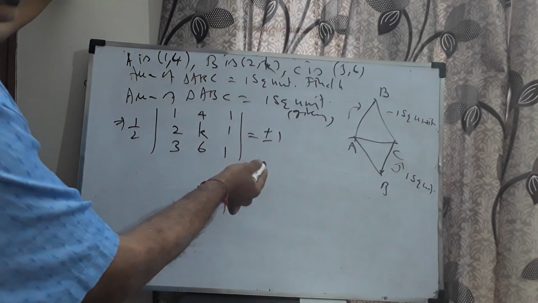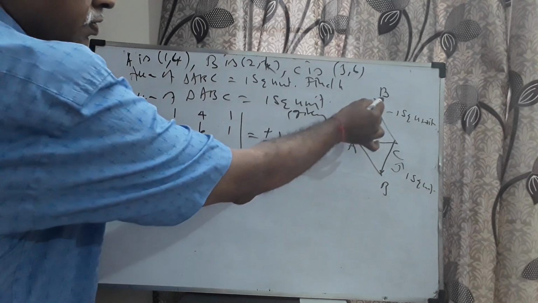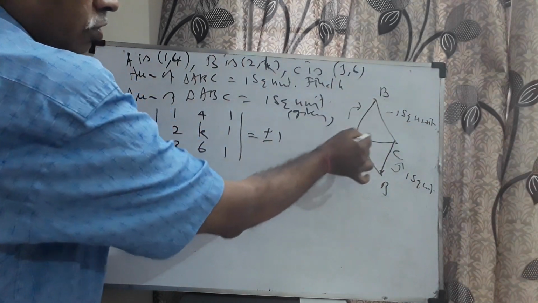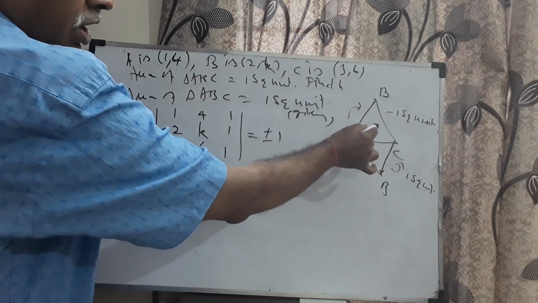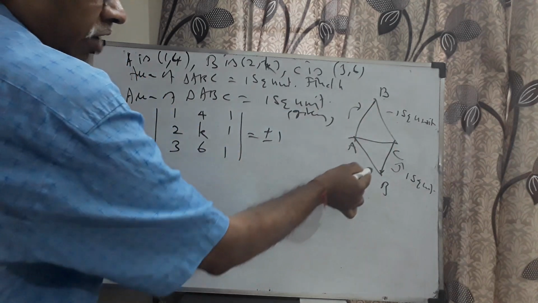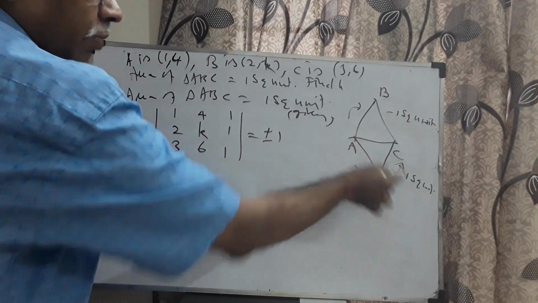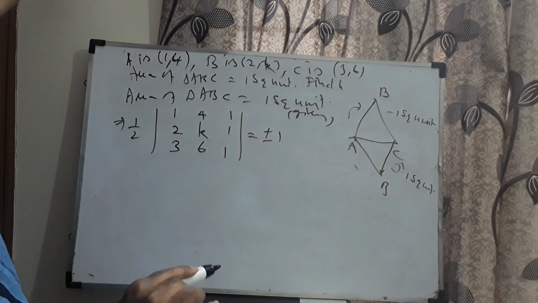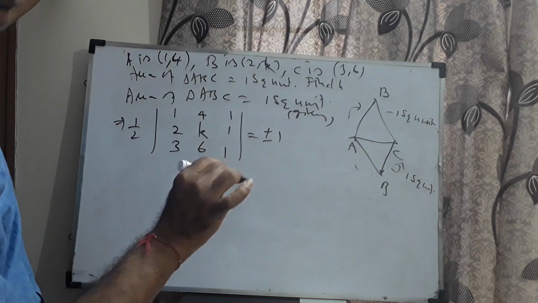While you write the reduction, I'll take it as plus or minus 1, because when my point B is like this, forming ABC in the clockwise direction, I'll end up with minus 1. If my B is like this, ABC forming in the anti-clockwise direction, I'll get plus 1. Remember the difference between the two. Only for writing plus or minus 1, I'll be given full marks.